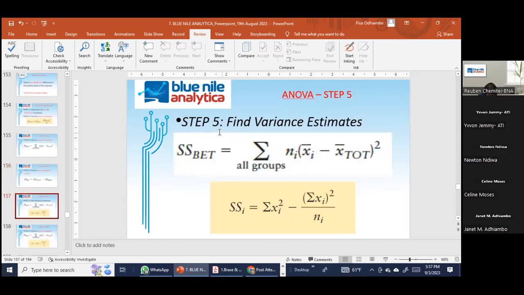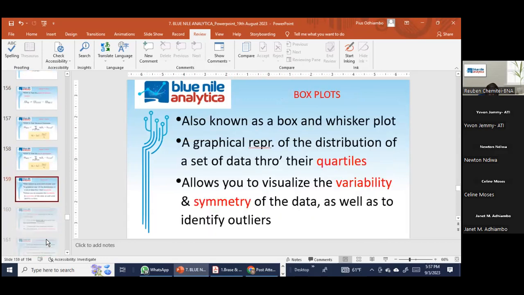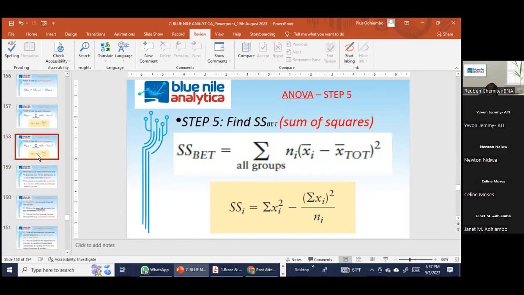Like for example, in step 5, we find the variance estimates. We estimate the variations by getting the sum of squares between the groups. So it's a whole manner of computations that we do.